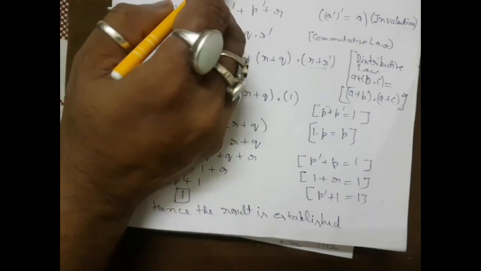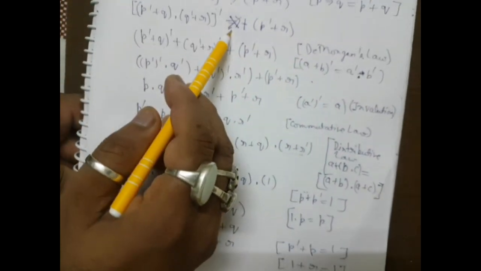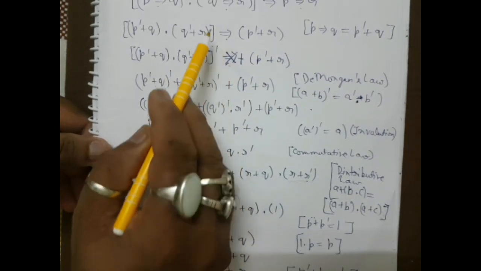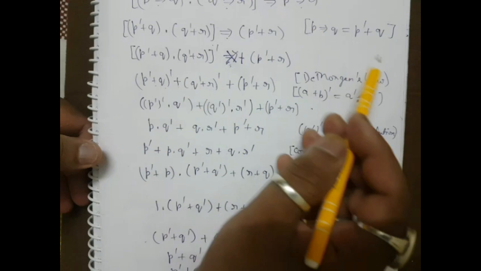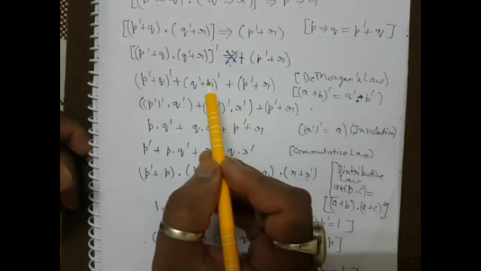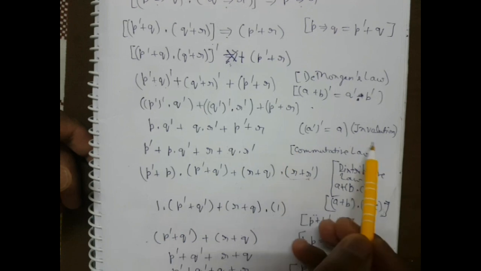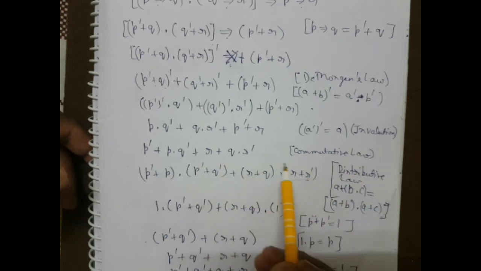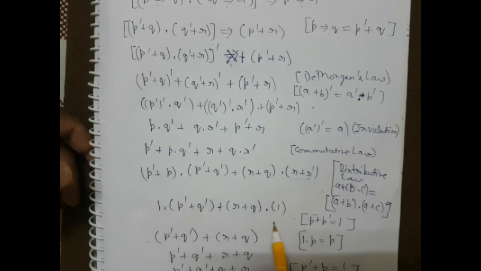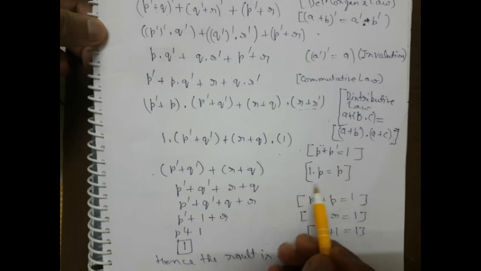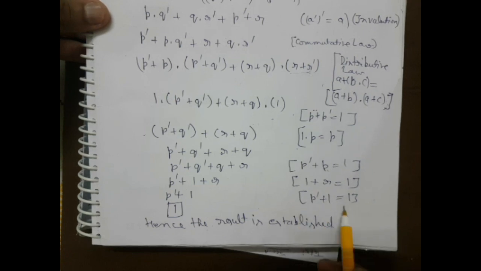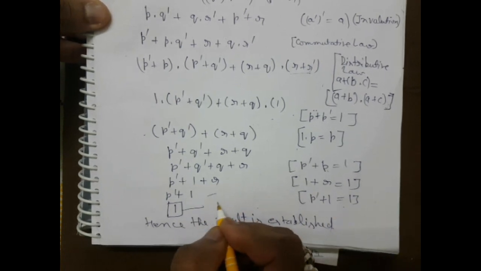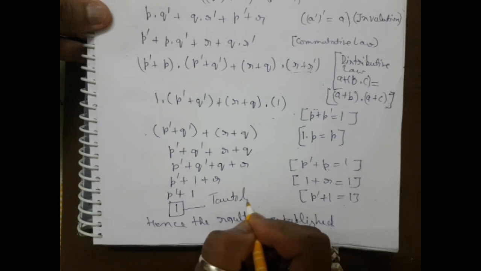I hope everybody has understood all the steps. This was a very important step, where you have to take care that you remove the conditional, so never skip that. Conditional elimination is very important. Then De Morgan's law, then the involution law, then the commutative law, then distributive, then complementarity, then properties of 1, again complementarity, properties of 1, and finally a tautology.